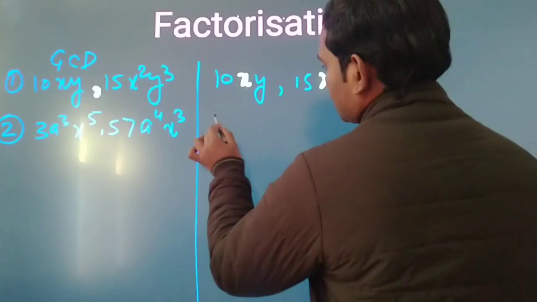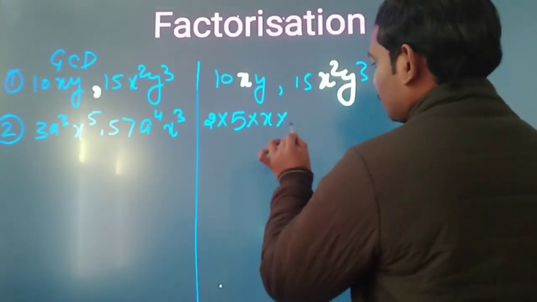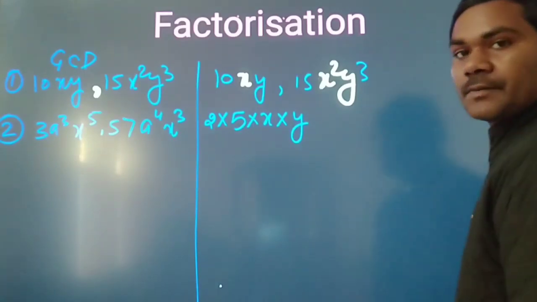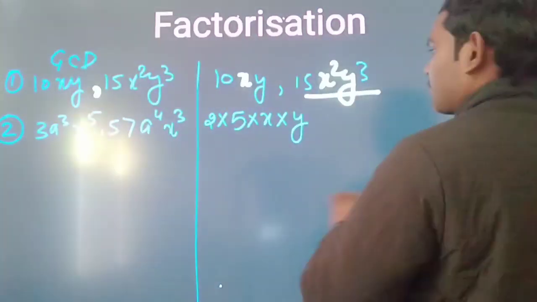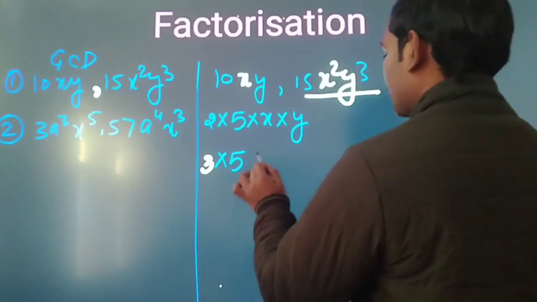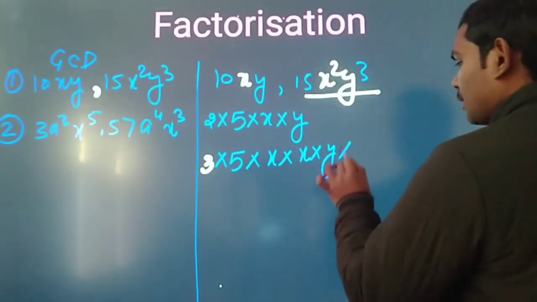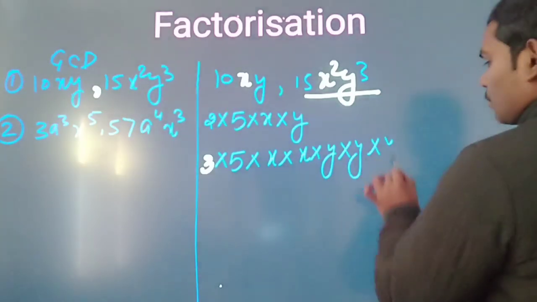So it can be written as 2 into 5 into x into y. Is that clear? Similarly, write this expression as 3 into 5 into x into y into y into y.